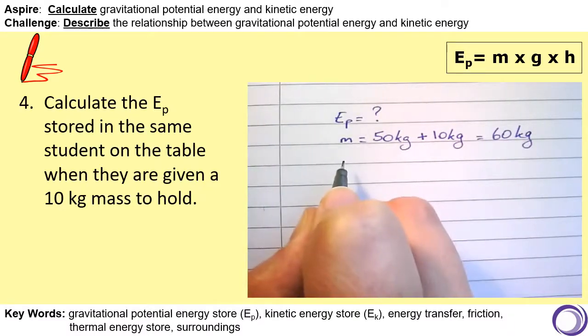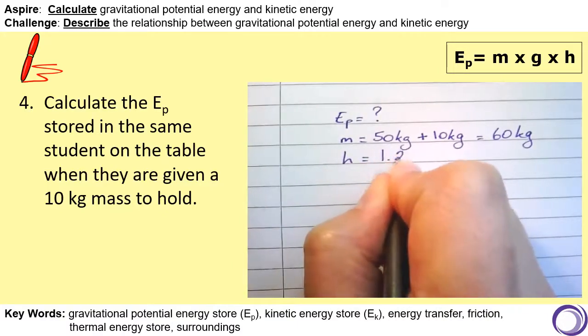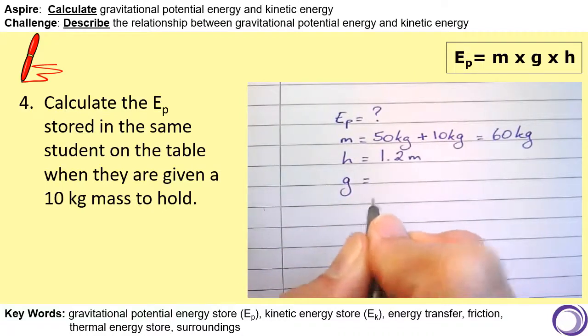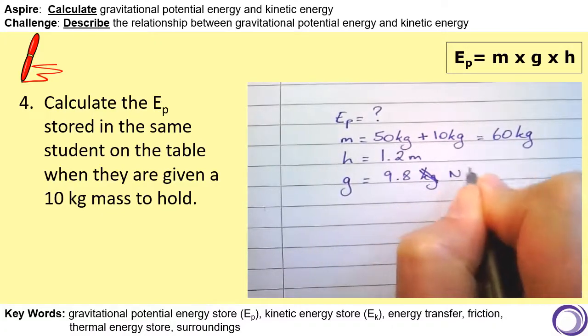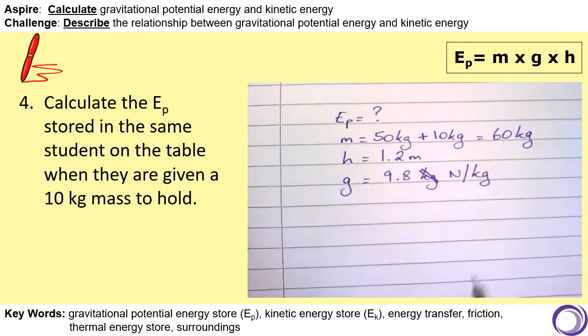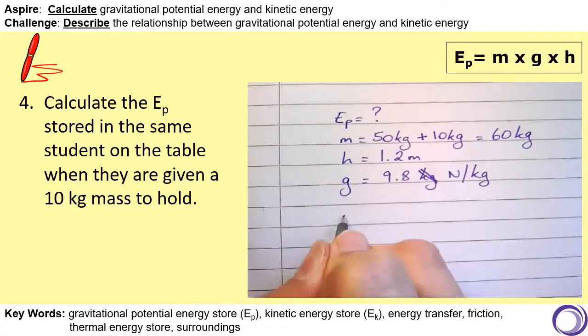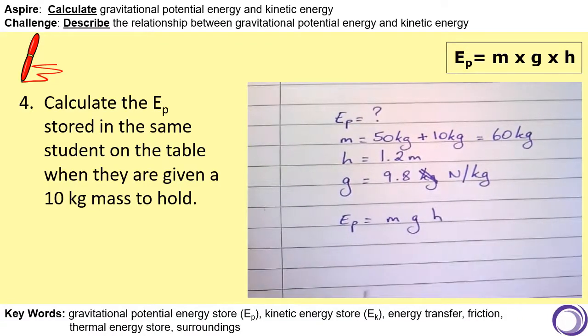And the question says that it's the same table, so the height is the same as it was before, which was 1.2 meters, and we're still on Earth, so G is still 9.8 newtons per kilogram. Okay. So now let's write the equation first. So EP equals M times G times H. So now we're going to substitute the numbers in.